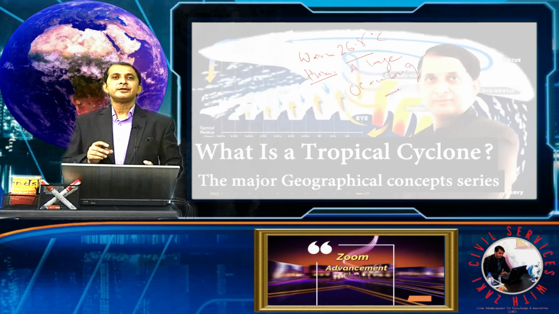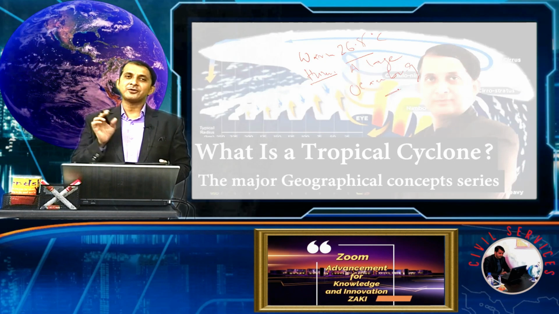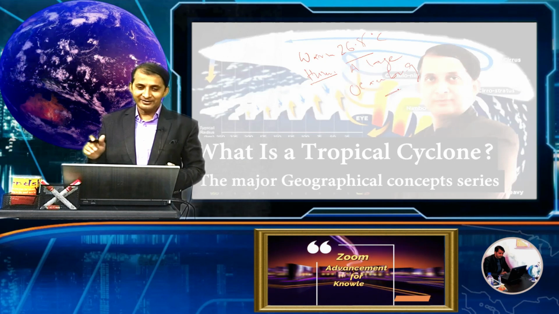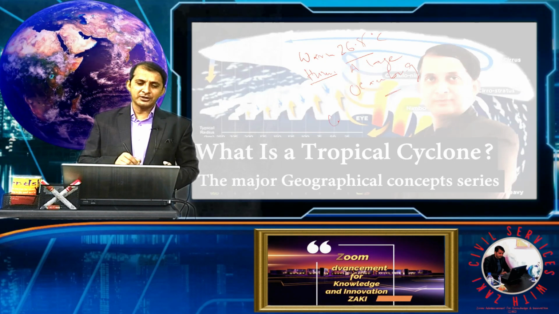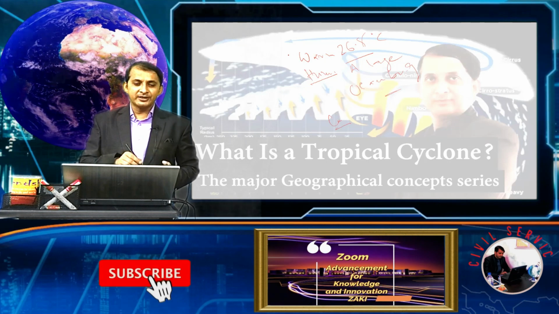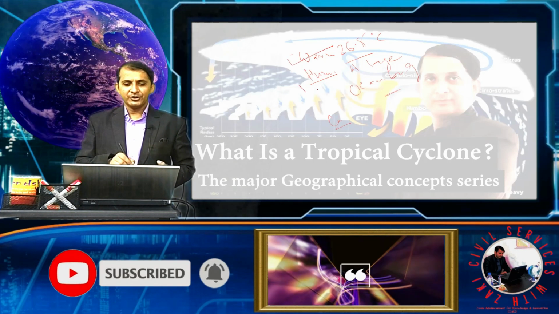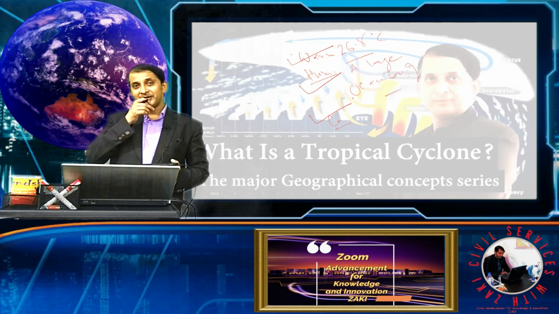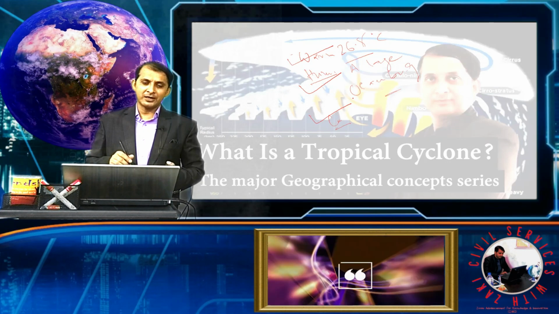That's why a tropical cyclone needs more humidity, and that's why it forms only on the sea, not on land. And the third thing is the Coriolis effect. So these three things, warm water, large humidity and the Coriolis effect, are the basic requirements to form a tropical cyclone.